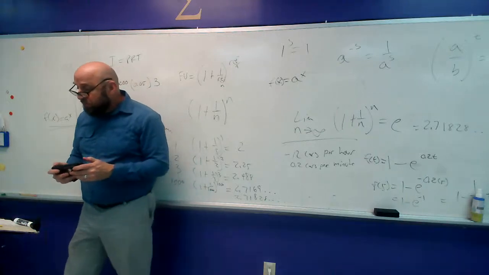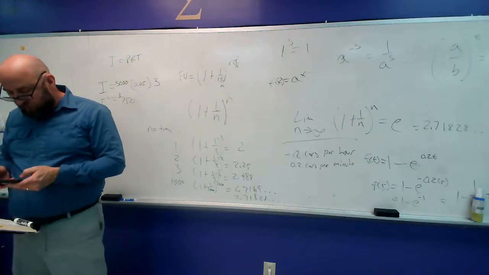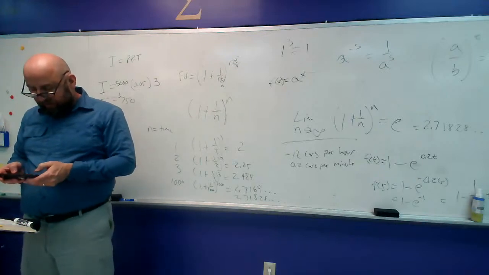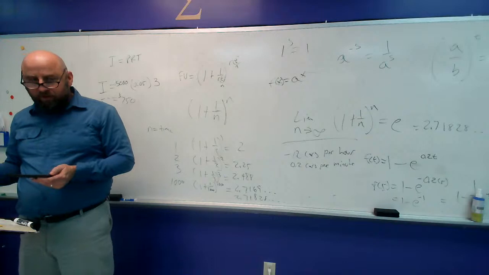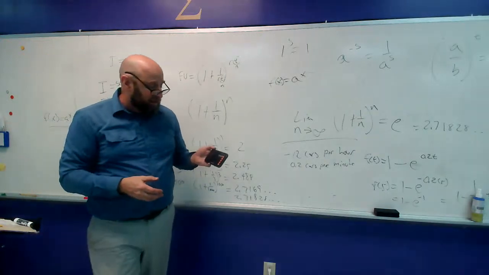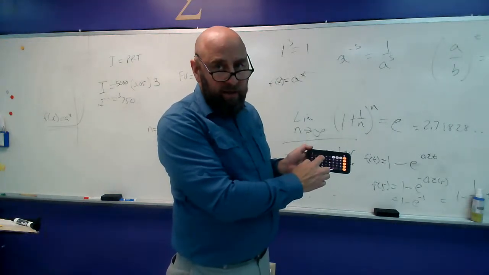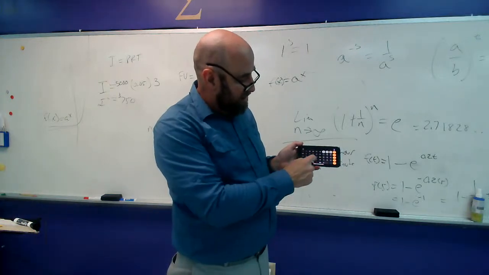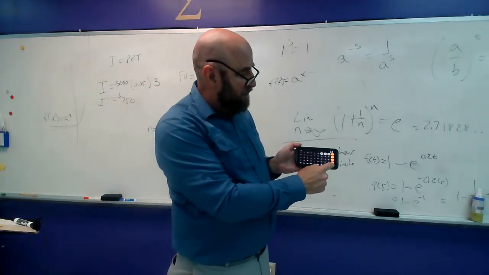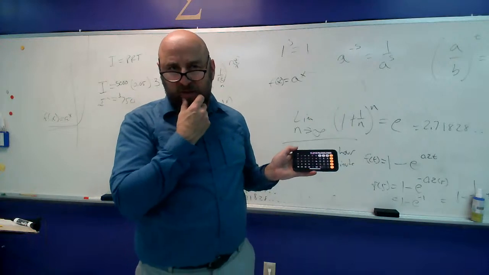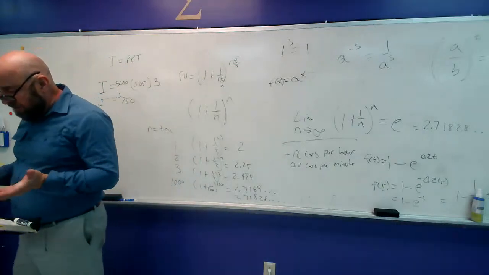So if you want to take 3 raised to the 2.2, how do you do that? And then how do you approximate it with a calculator? On my calculator, you'll have x to the y. And so you'll type in the x, press the x to the y, type in the y, which is the exponent, and you get the value. And I think you guys should have the same thing. Different position. Mine's just an iPhone, but you have a different position. So you need to be able to do that.